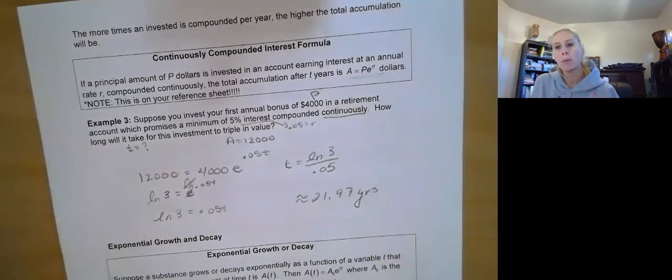That's why a lot of people, when they invest, you want to continue investing more into your retirement account every year, so you're building that interest on more and more and more money. Because if we just put the $4,000 in, gosh, it took 22 years just to triple that. I don't know about you, but 12 grand is not enough to live on after retirement. Okay, so you got to keep investing every year.